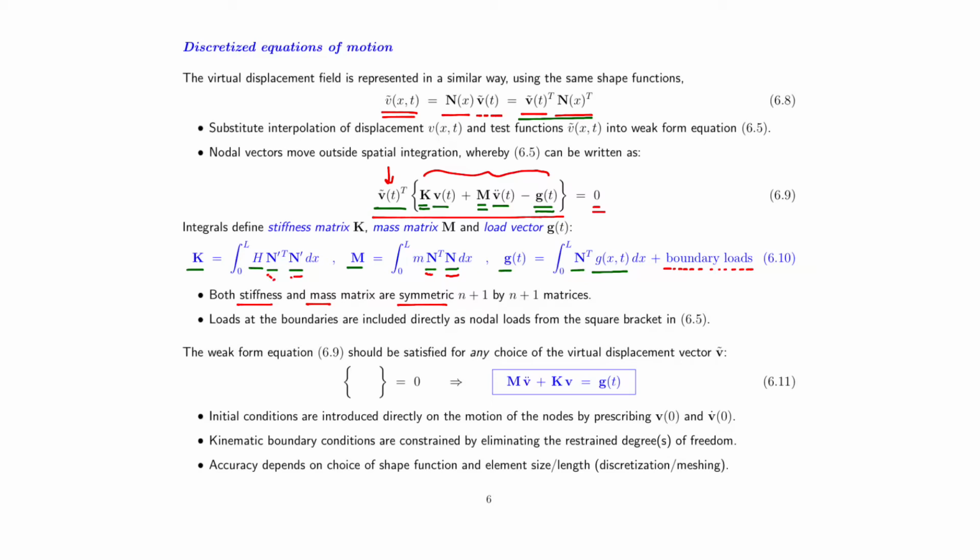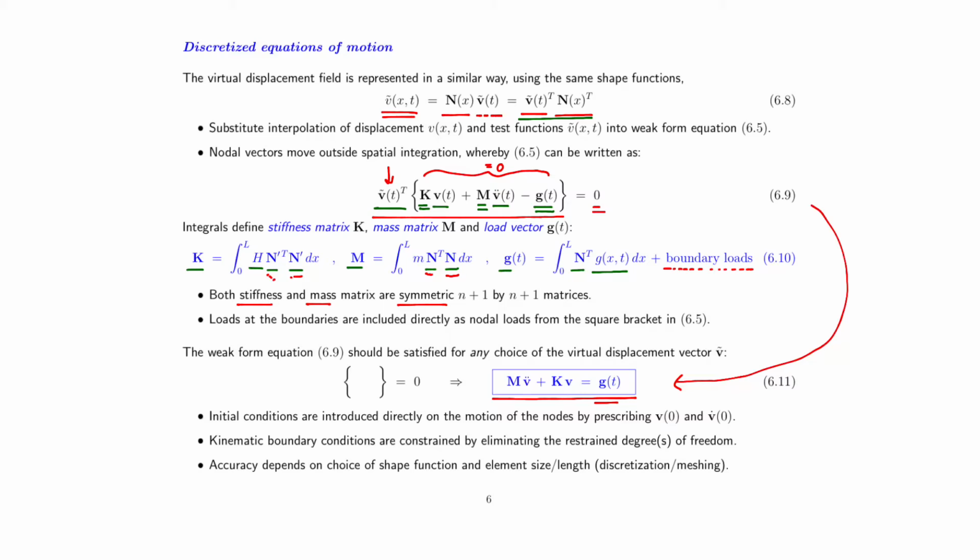Thus, what is inside the parenthesis must be equal to 0, and that directly gives us the standard form of our discretized finite element model with the mass matrix times the acceleration of the nodal displacement vector plus the stiffness matrix times the displacement vector, and that should balance the load vector given by G on the right hand side.